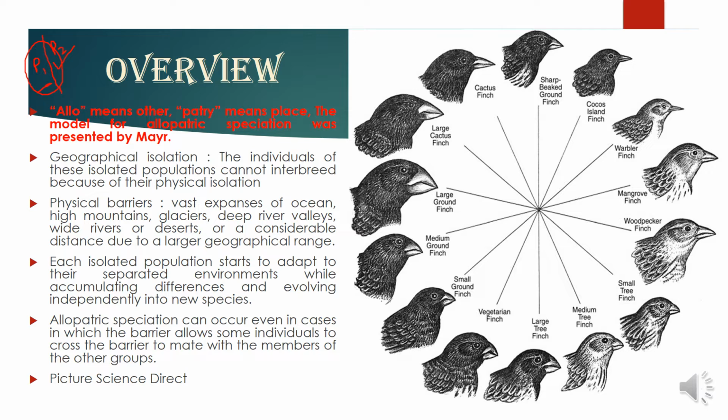For example, here we are seeing the various types of finches that are found in Galapagos. Now, a single finch species came to this archipelago, the islands of the Galapagos. In the various islands, they are of different sizes and they have different ecological niches.